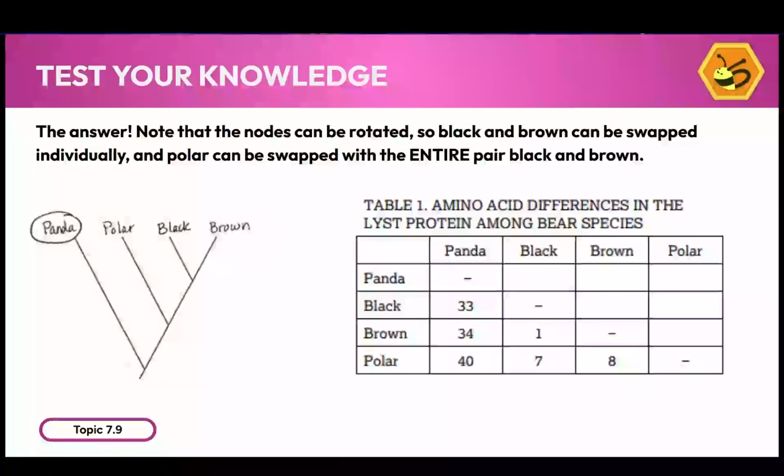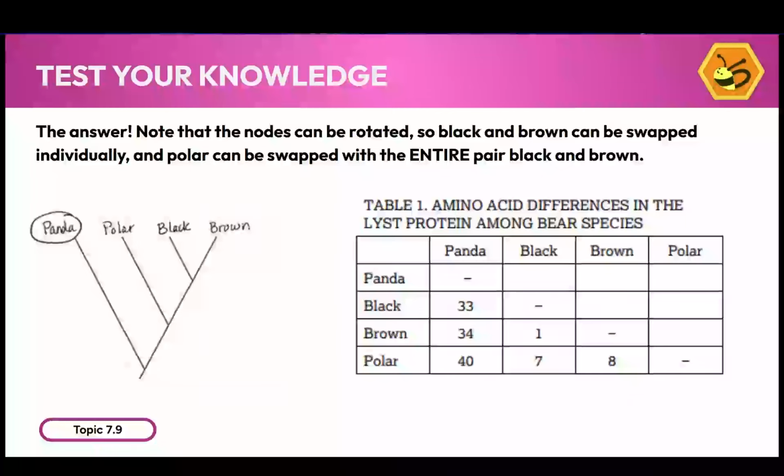I see what you mean. You can actually rotate these nodes. You can swap the black and brown and you'll have the exact same answer. The reason is that nodes can be rotated, so the black and brown can be swapped individually, and the polar bear can be swapped with the entire pair of black and brown.